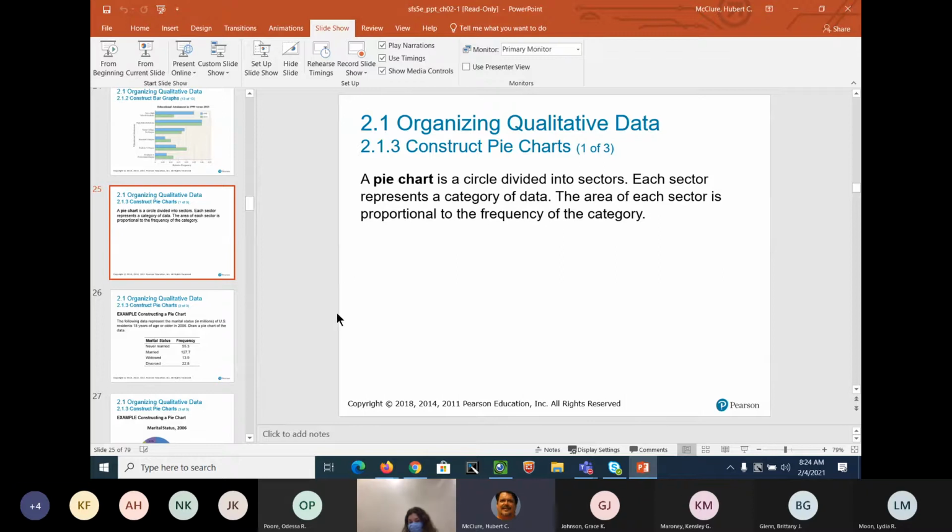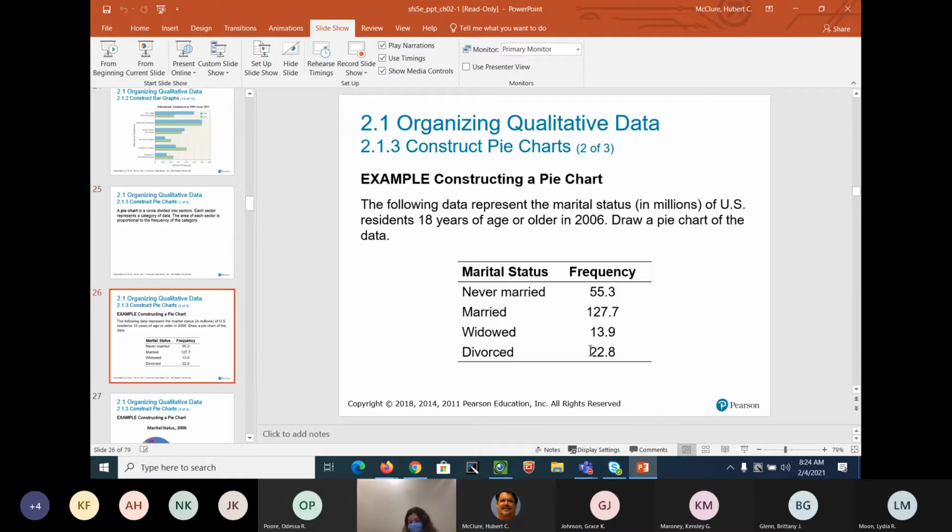So here is an example. Now, you're going to have to do the relative frequency on this. So let's do this one together, because I want to make sure you understand how to do a pie chart. A bar chart's not that hard to create. A pie chart, you have to do the relative frequency.